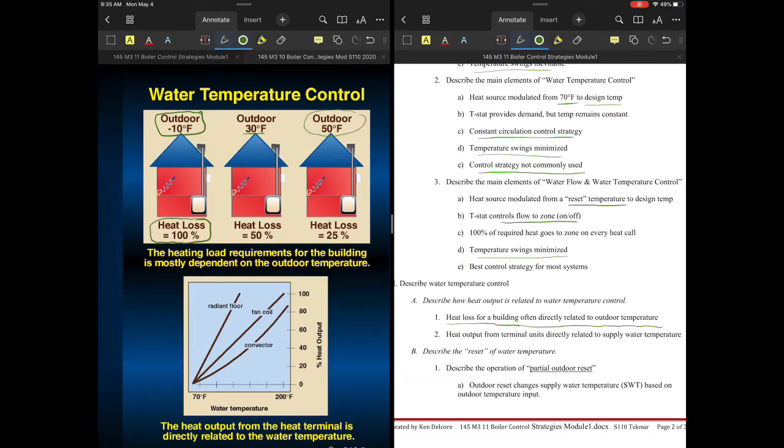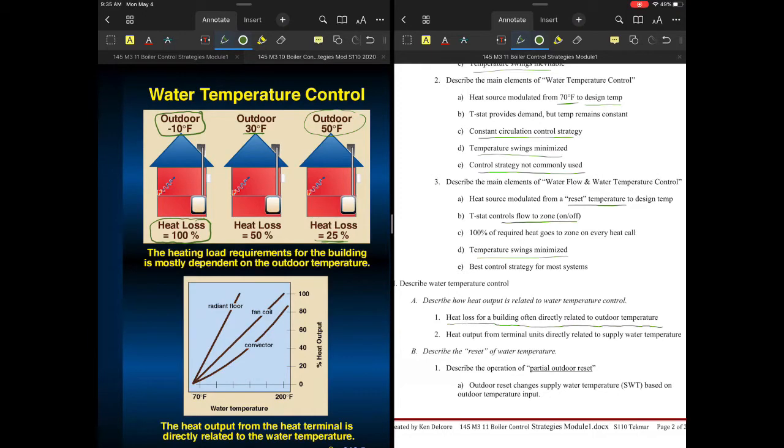If the outside air temp is 30, then we need a heat output that's maybe roughly 50%. And if the outside air temperature starts warming up, maybe I only need 25% of the demand is what we would typically need out of this system. So it's very, very typical.